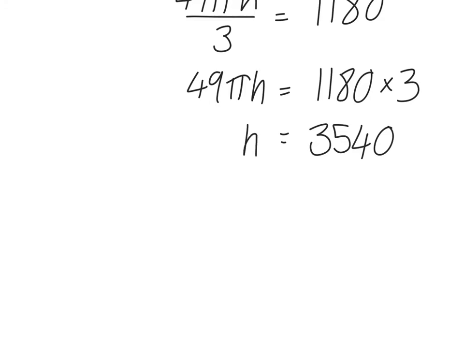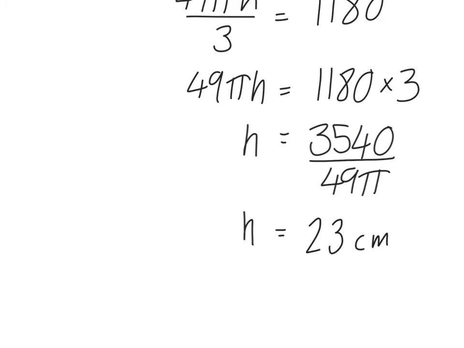So the 49 pi, which was multiplying the h, can be moved onto the right hand side, which means it will divide the number 3540. We can then put this straight into a calculator to work out the height, which turns out to be 23 centimetres if we round it to the closest centimetre. So that's the height of our cone and the end of the question.